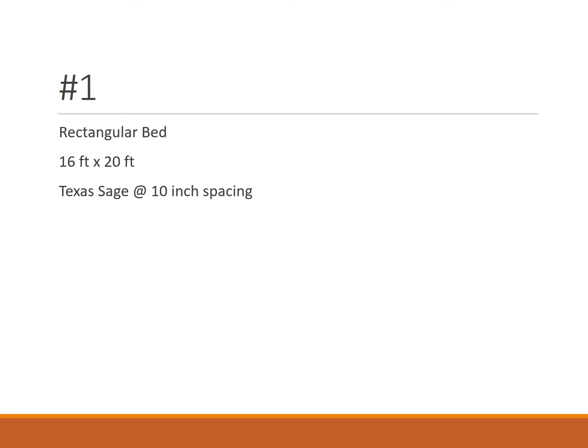Now would be a good time to pause the video, do the math, and then come back and start the video again to see whether you have the correct answer. The correct answer is 464 plants.